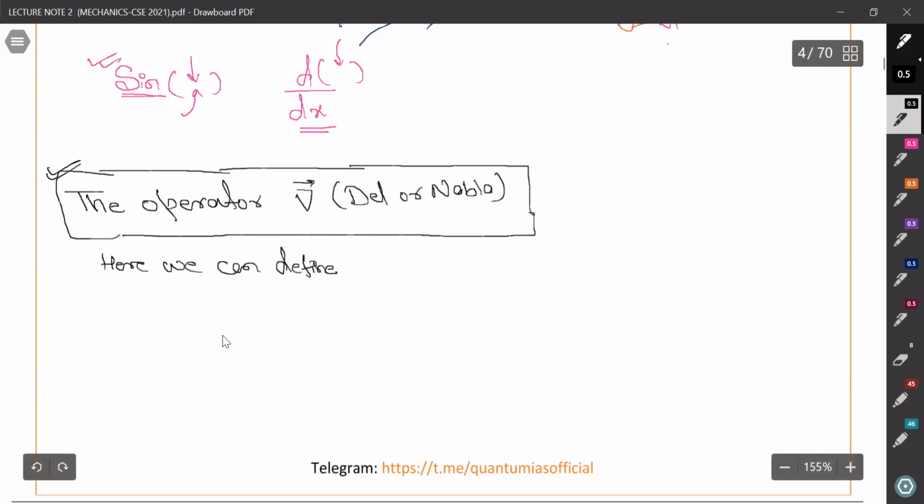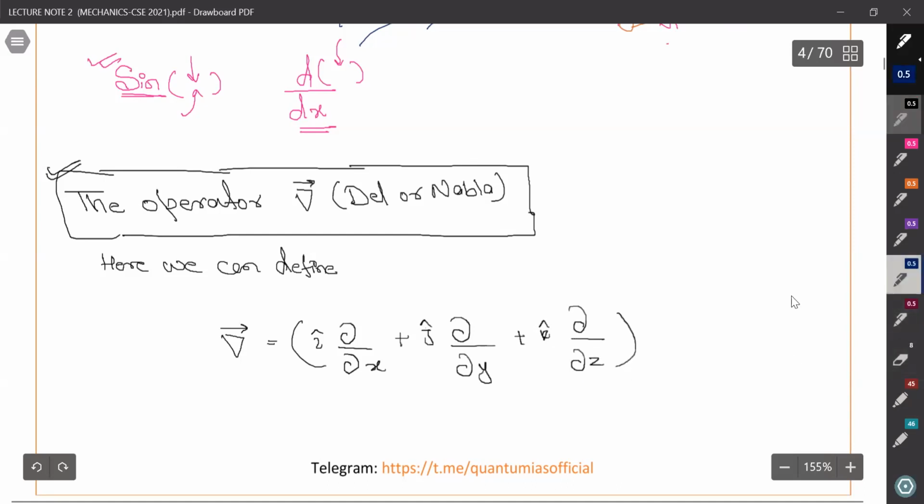We can define this operator as, I'm writing i cap here so that you don't get confused, i cap del upon del x plus j cap del upon del y plus k cap del upon del z.